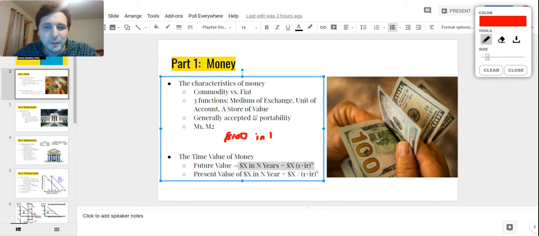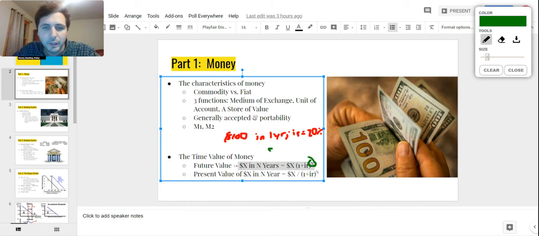So in 1 year, if my interest rate is, let's say, 20%, I just plug these numbers into my equation. I know it's basically the dollar amount times 1 plus the interest rate to the year power.